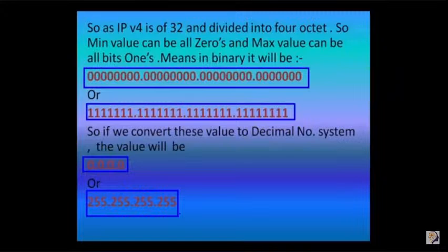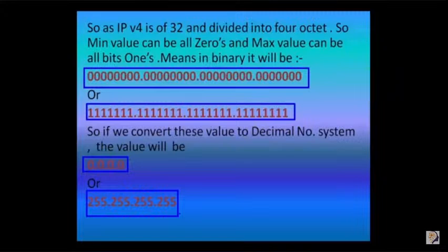Clear about the structure of IP? It is a 32-bit address divided into 4 octets. Each octet has 8 bits. The minimum value can be all zeros, and the maximum can be all 1s. When we convert this from binary, I told you it's very important to understand decimal and binary conversion.